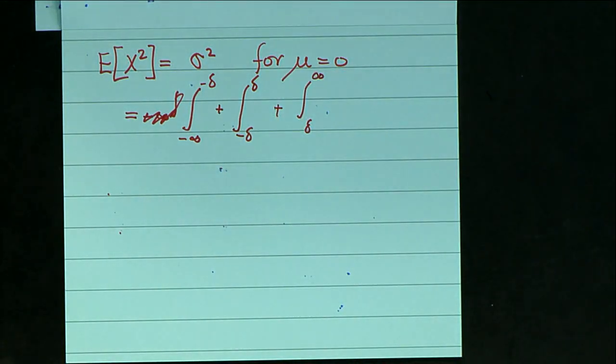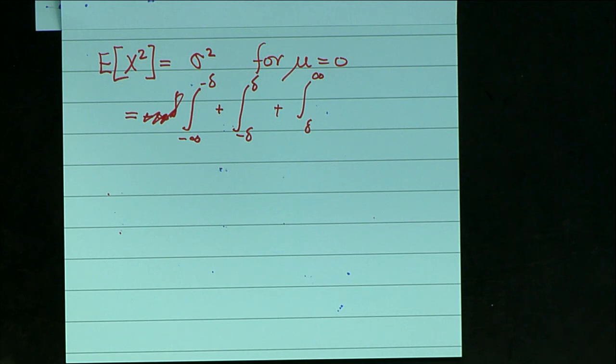So I'm splitting up the integration of the expected value into 3 integrals. One is from minus delta to plus delta, and the others are the integrals outside.